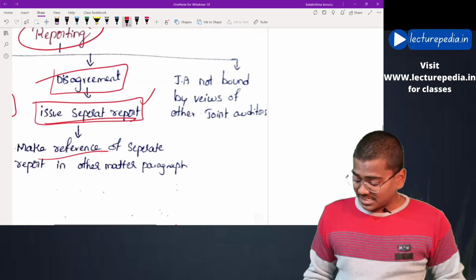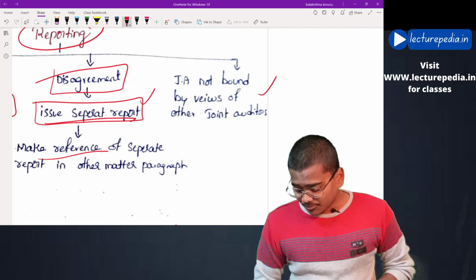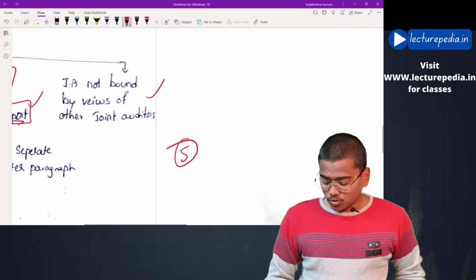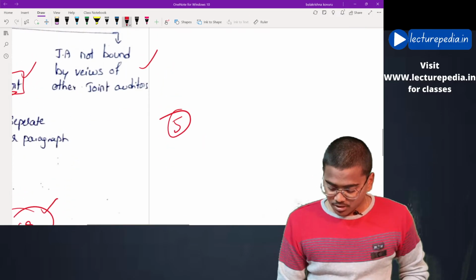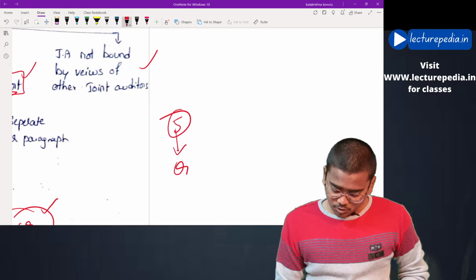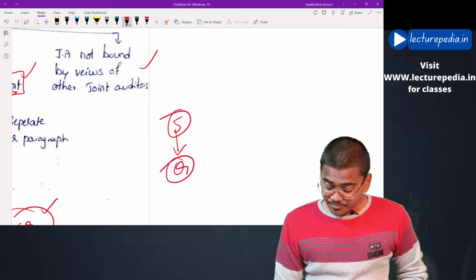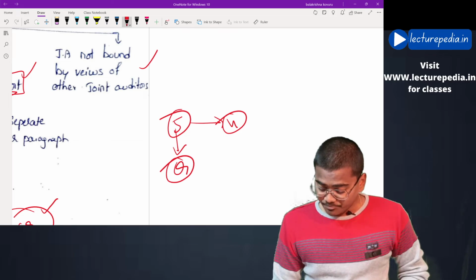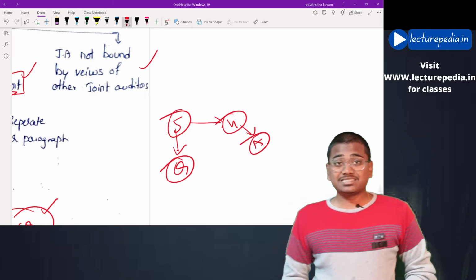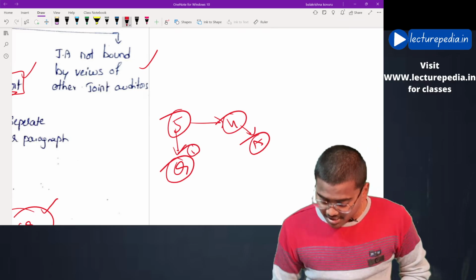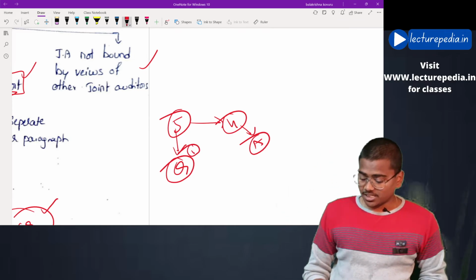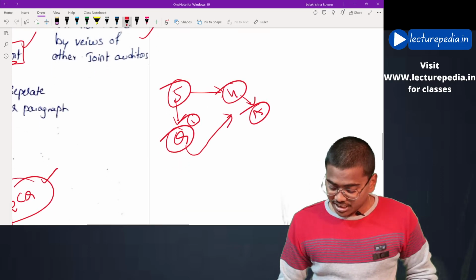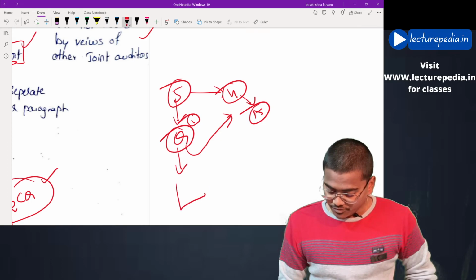Next, another point is, let's say there are 5 joint auditors. Of these 5 joint auditors, one auditor is having a qualified opinion, and the balance 4 joint auditors are having, let's say, an adverse opinion. In this case, whether this one auditor who is having a qualified opinion should agree with these 4 auditors, or can he give a separate audit report with his qualified opinion?